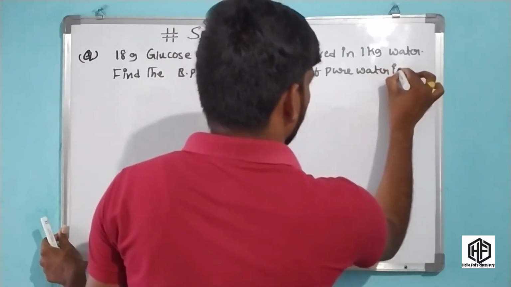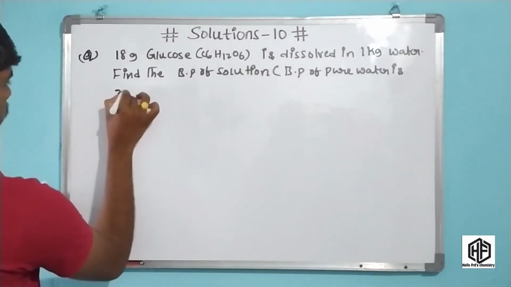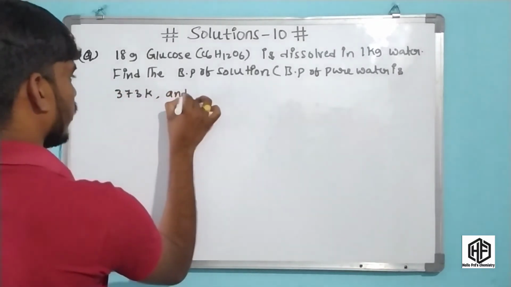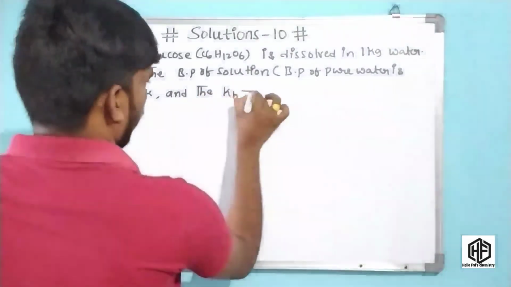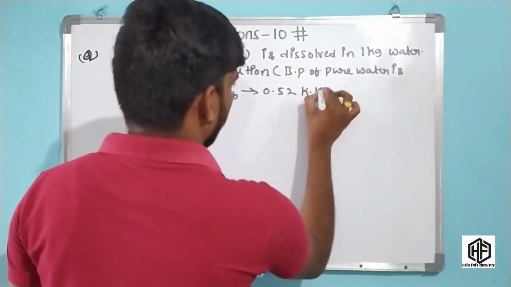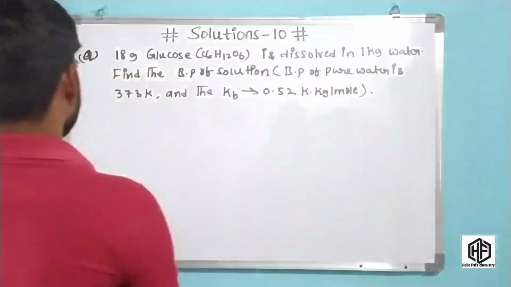The boiling point of pure water is 373 Kelvin and Kb is 0.52 Kelvin kg per mole. Okay friends, this is the question.